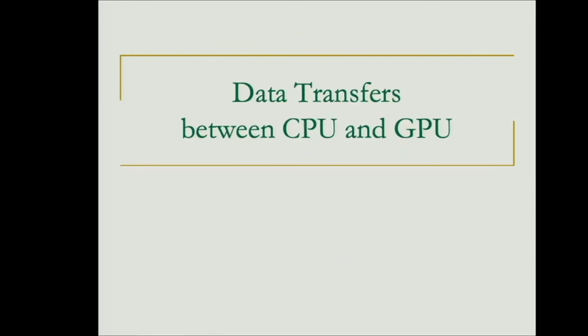Next thing, data transfers between CPU and GPU. Recall that this is one of the main overheads that we have in GPU computation, one of the main bottlenecks. Why is that? Because typically in the traditional accelerator model, we have the CPU, we have the GPU, and in the middle we have PCI Express, or NVLink, which can reach up to, I think, 25 gigabytes per second, but this is clearly one order of magnitude lower than accessing the global memory.